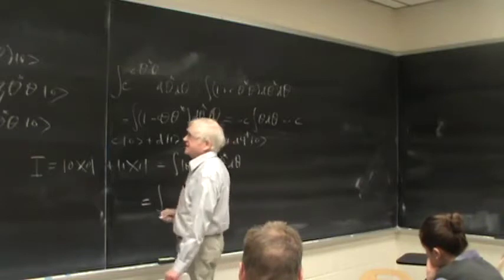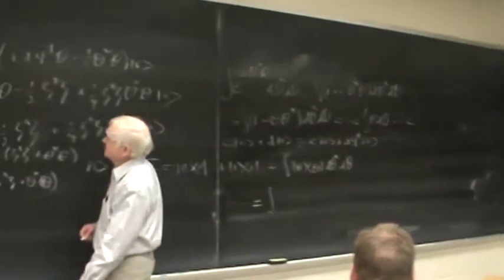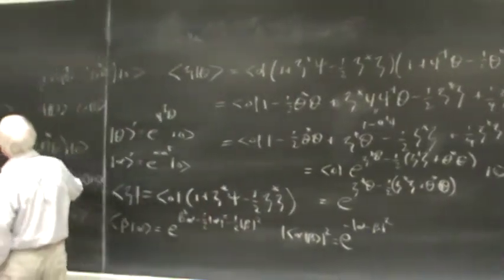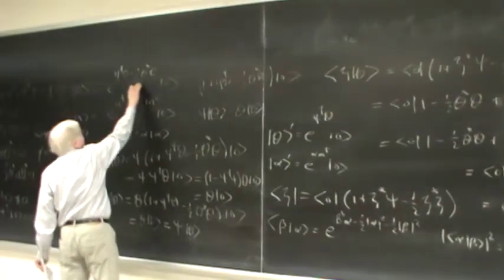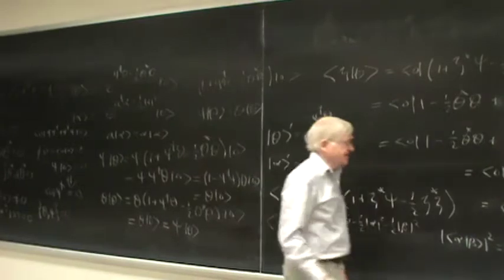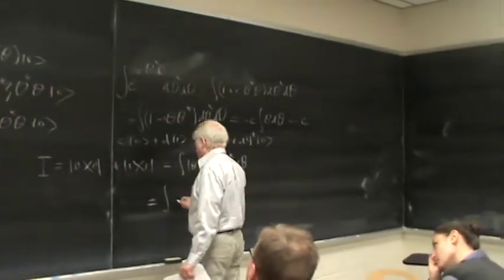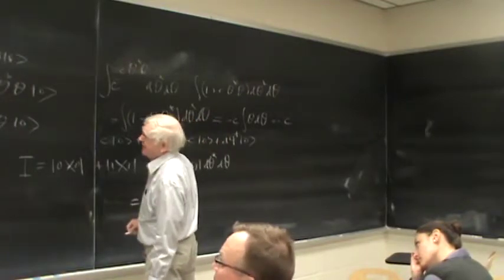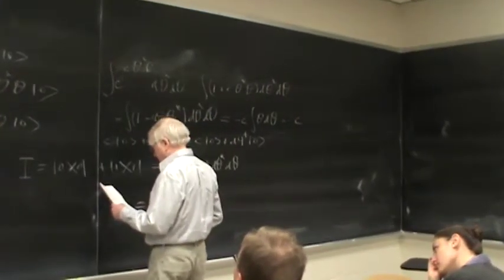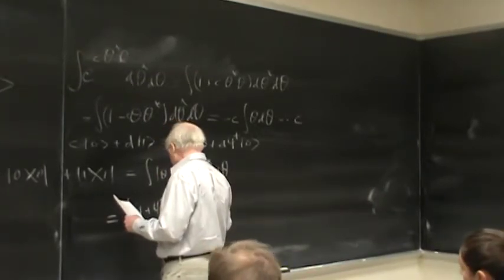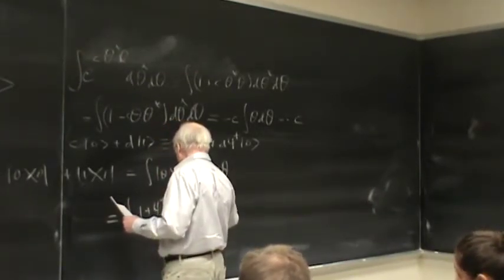Well, what is theta? Well, the theta state is either psi dagger theta minus a half theta star theta, or maybe expanded is better. So let me expand it. So this is 1 plus psi dagger theta minus a half theta star theta.